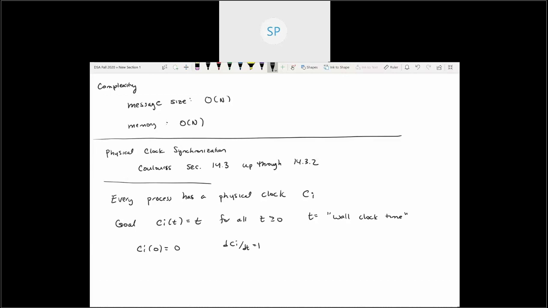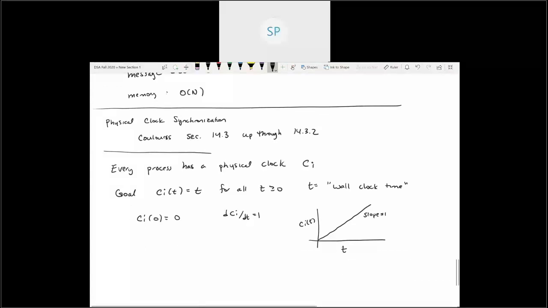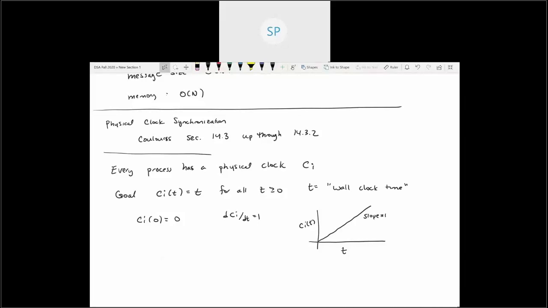So I can draw the pretty picture for those of you who like pictures. There's my clock, right? And the slope of this line should be 1. There's a reason I'm doing this. Okay, that's what we want. But in reality, our clocks don't behave like that, right? So what happens to our clocks? They break, right?